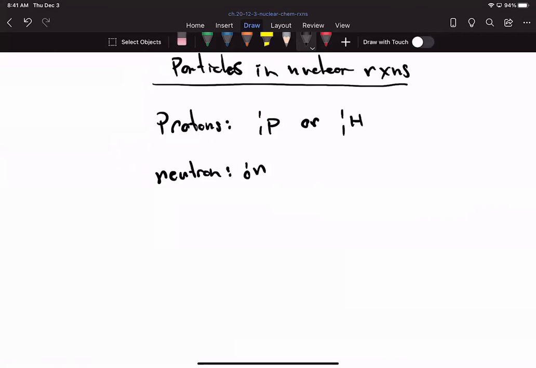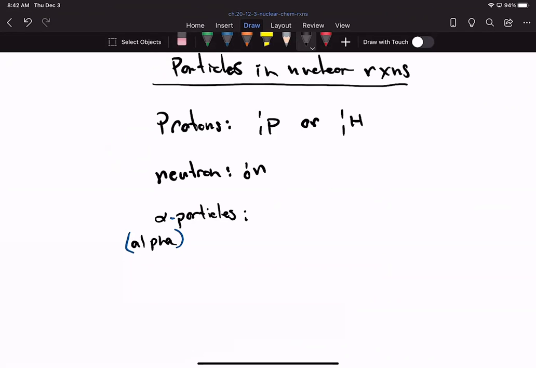Then we have what's called alpha particles, and I'll write it out here too. We'll put alpha. All right, we have what's called alpha particles. And an alpha particle is what we consider a high energy nuclei, right?